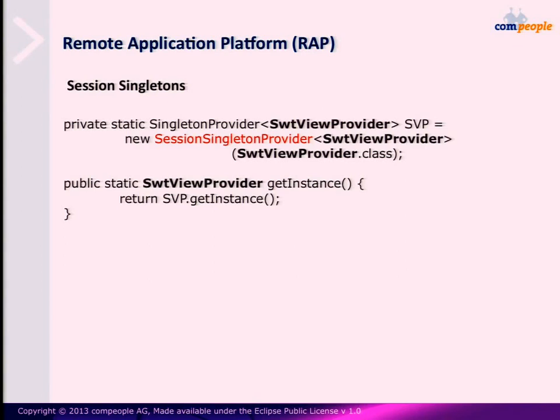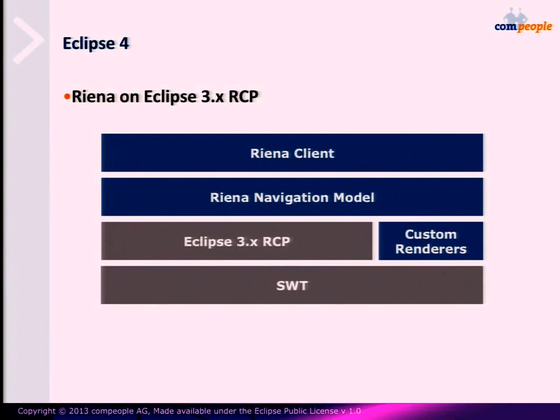This functionality to know whether you're RCP or RAP has to be just in one position. So these are, I think, the two things. Facades for factoring out the pieces where our API differs between RCP and RAP, and the other thing is about the singletons. The next thing is about how we run on Eclipse 4, or E4.